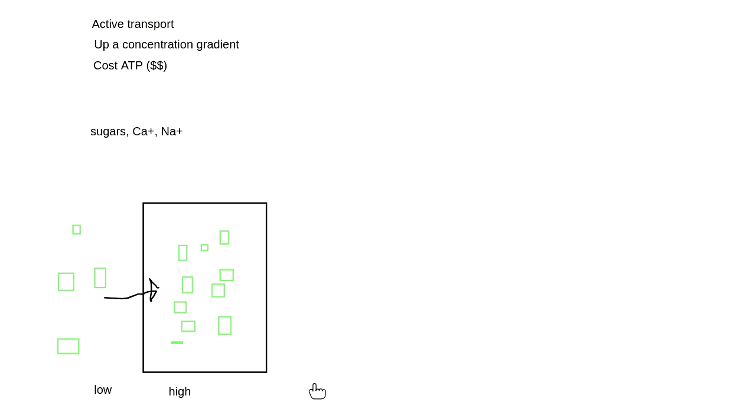Now oftentimes with active transport, if I remember using sugars or these charged ions, right, I am probably also using protein channels, etc., to get them across. But the key feature is I'm paying to do it.